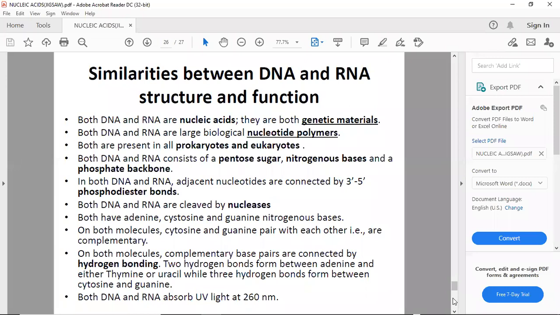Both DNA and RNA are cleaved by nucleases, which are enzymes that are able to cleave or degrade the nucleic acids. In both DNA and RNA, we have adenine, cytosine, and guanine as nitrogenous bases. And then we have hydrogen bonding in both molecules.